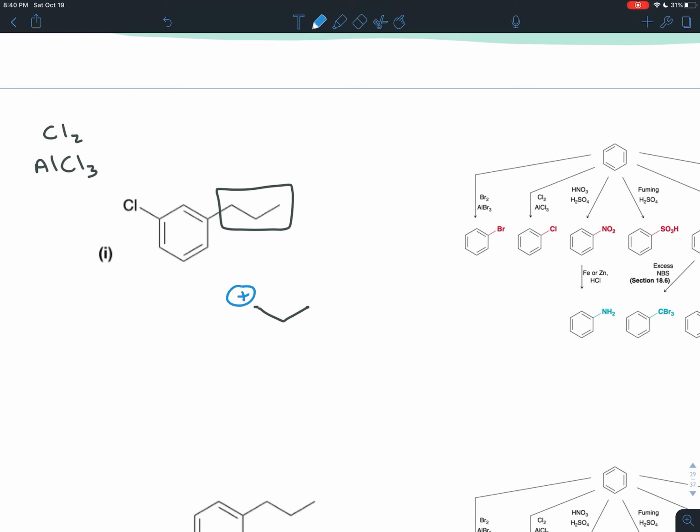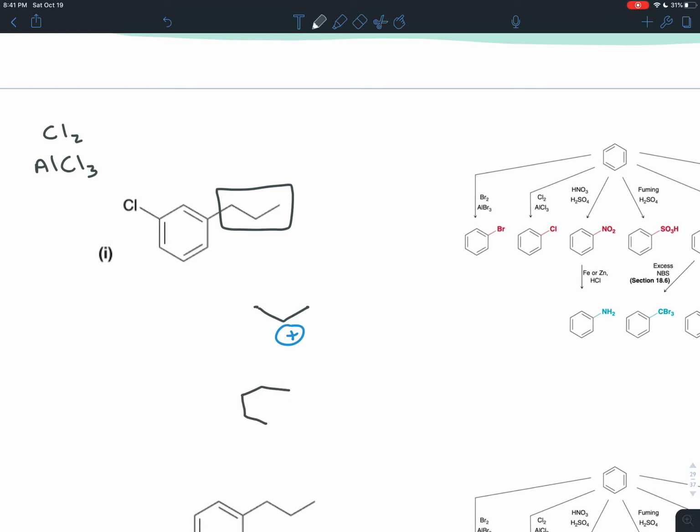But notice that that is a primary carbocation. This carbon is bonded to just one other carbon. Right next door to it, the carbon is secondary, and so this carbocation would be more stable if it rearranged, and it does. It would rearrange there. So you'd end up adding an isopropyl group instead of just this regular propyl group.